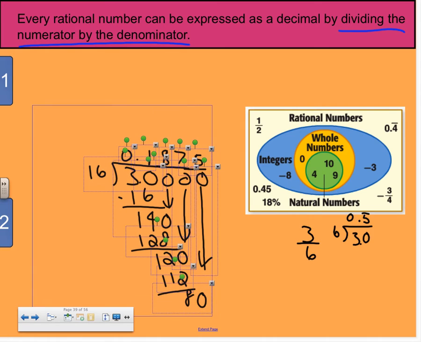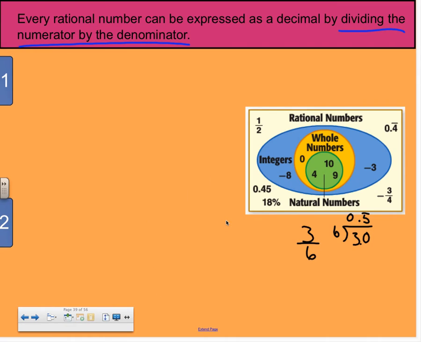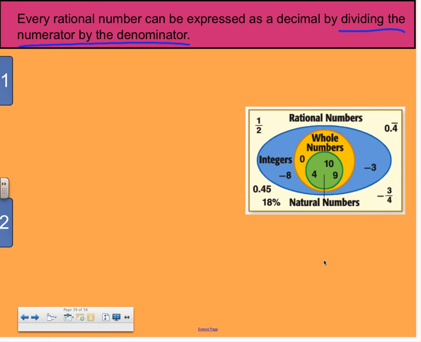All right, now someone take a look at example 2 and tell me what is the difference between example 2 and example 1. Actually, tell your partner, what's the difference between example 1 and example 2?